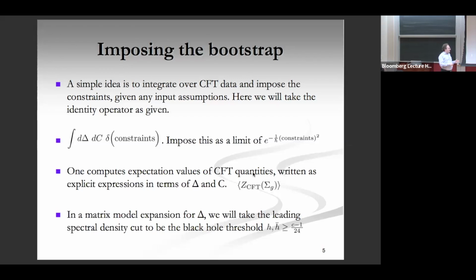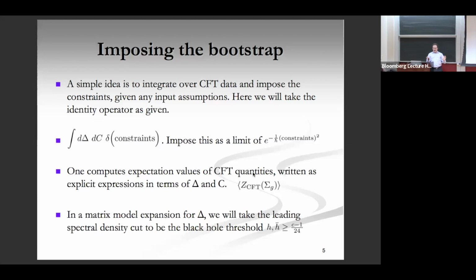And here we'll take this leading spectral density to be the Cardy density. The Cardy density has a factorized form. It looks like a function of the left-moving weight times a function of the right-moving weight. And it starts at the black hole threshold of c minus 1 over 24. But that's just a pure CFT statement. And by the Cardy spectrum, I mean the S transform of the Virasoro identity.